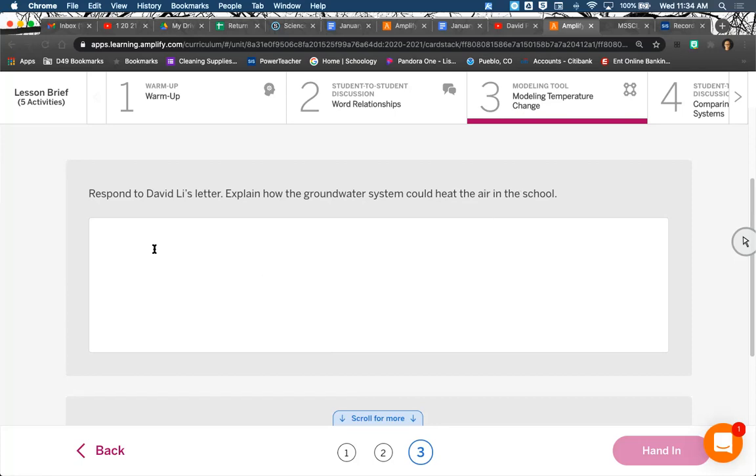So, dear Mr. Lee, water at 30 degrees Celsius can heat the air in the school to a comfortable temperature.